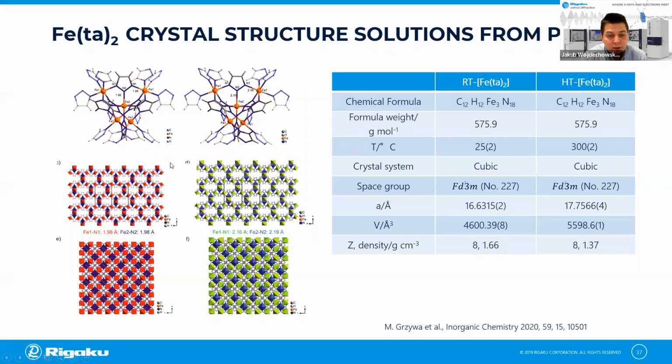Of course, Maciej solved them with the powder. Here are the distances of the coordination bonds, showing that they match the proposed spin crossover transition, and they are both cubic, just changing the dimension of the cell.